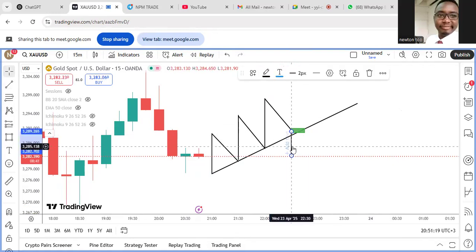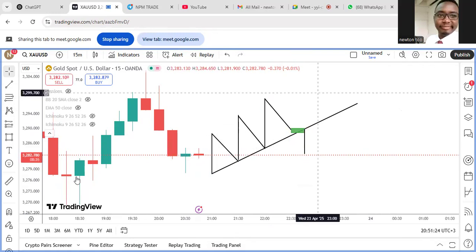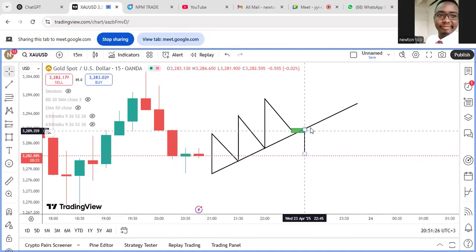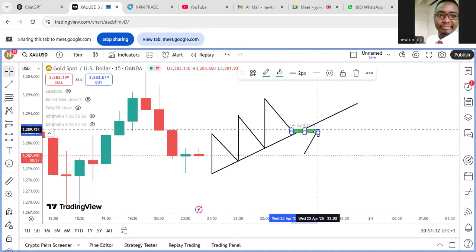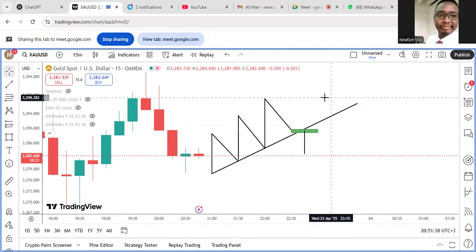I don't know how to draw a hammer, just assume this is a hammer. Let me extend it a bit. Maybe the market may close on the 15 minutes time frame on gold.